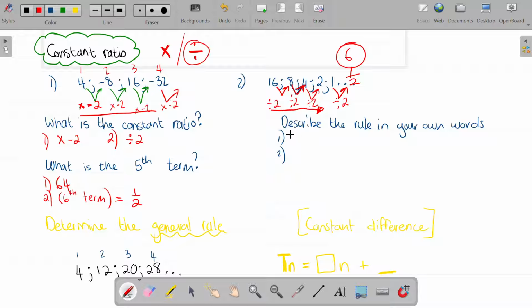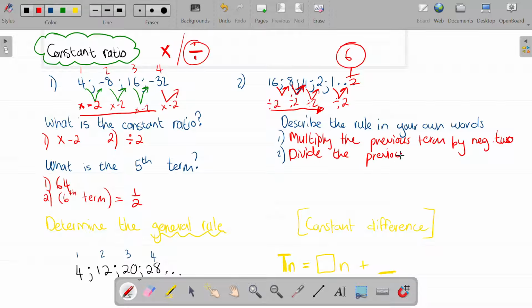So for number 1, we would say multiply the previous term by negative 2, and then for number 2, we're going to say divide the previous term, and this time it is by just 2.